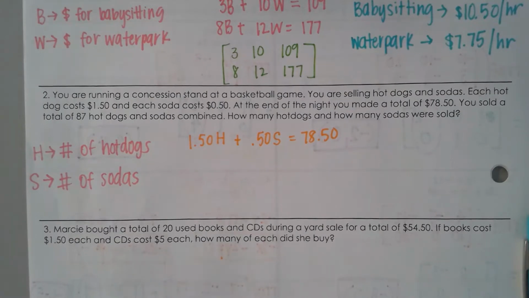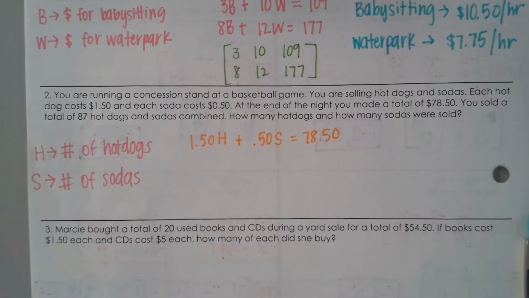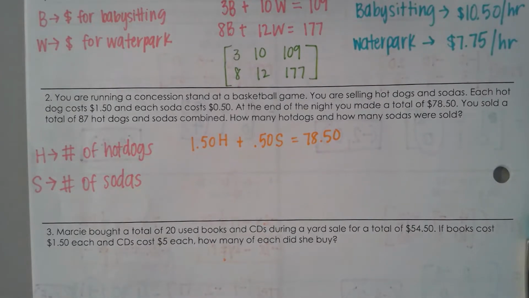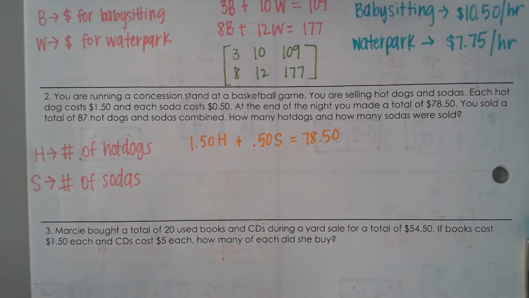We also know, because we've been keeping track of how many items we sold, that we sold 87 items. So what am I going to do with that 87 in an equation? Nope. Because I didn't sell an equal amount necessarily. So I couldn't divide it by 2.